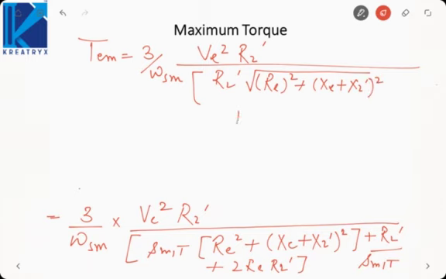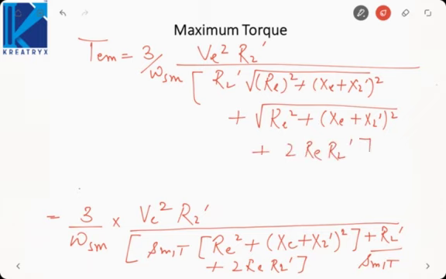R2 dash by SMT will give me under root Re square plus (Xe plus X2 dash) whole square, plus 2Re R2 dash. So this will be the expression for the maximum torque.